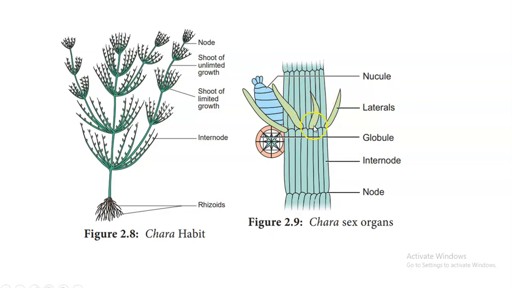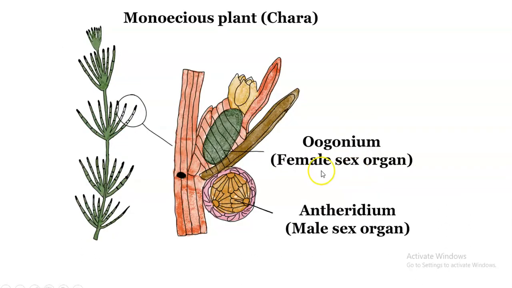Stipuloids are hairy appendages at the lower nodes of Chara in the branch of limited growth, maybe as a covering to the reproductive structures. So this is it. Then we can see that this is globule and this is nucleus.